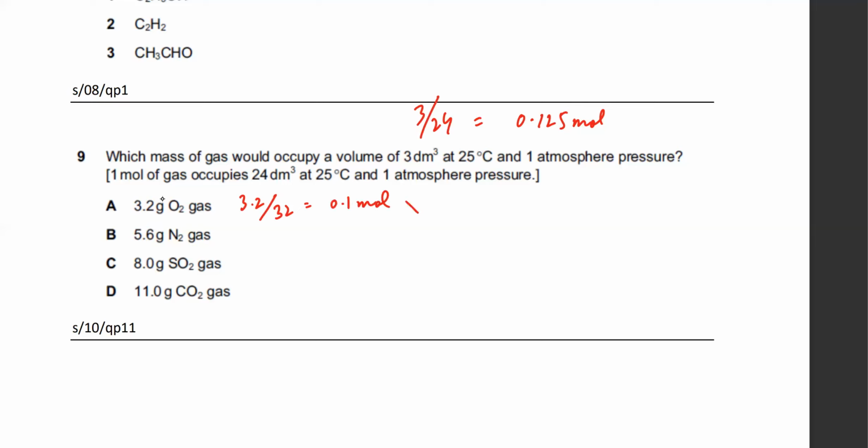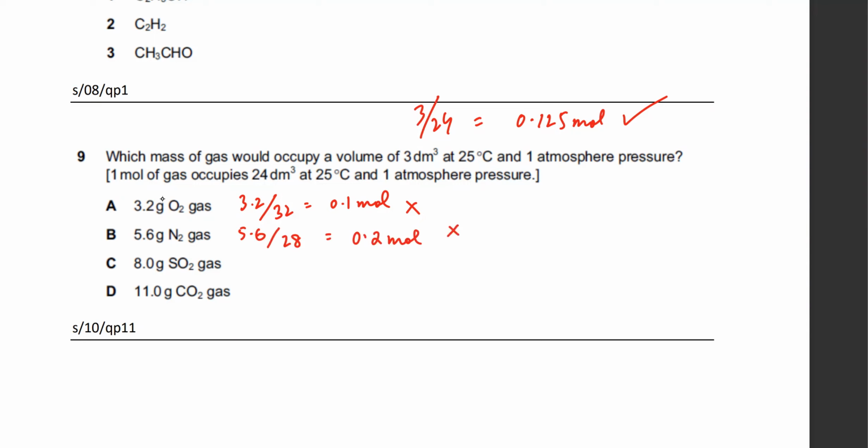So that's wrong, because 0.125 moles of gas occupies a volume of 3 dm cube. If you have 5.6 grams of nitrogen, that would be N2, 14 plus 14, that's 28. So that would be 0.2 moles, which is also incorrect.